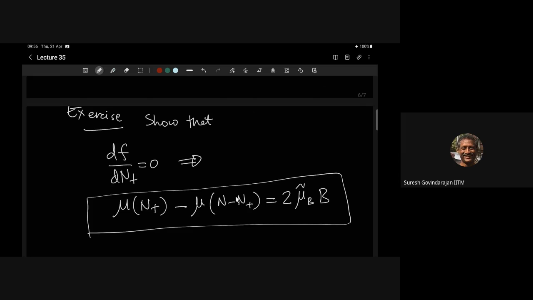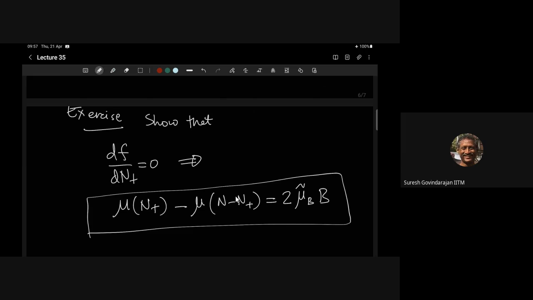It's kind of cool, and it's interesting what happens when b equals 0. We can think of n plus and n minus as not fixed, so they are random. We can introduce two species, n plus and n minus, each with a chemical potential, and we know in thermal equilibrium the chemical potentials become equal.